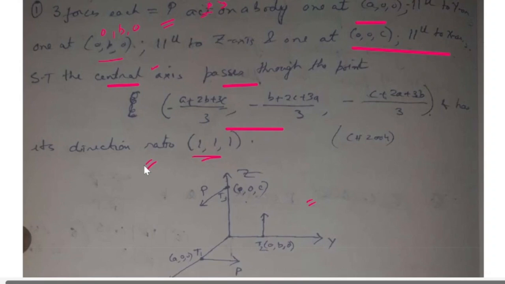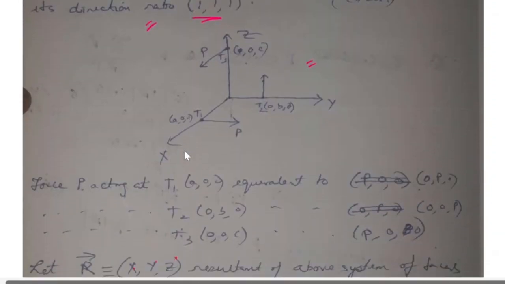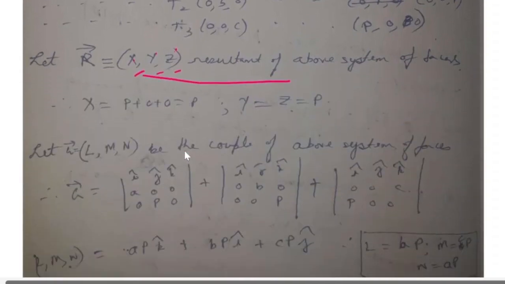As we are in search of the central axis, we apply the formula for the equation of the line of the central axis, and that formula demands X, Y, Z, the resultant components along the x-axis, y-axis, z-axis, and also the moments of the couple along the x-axis, y-axis and z-axis, that is L, M, N. So we will next find L, M, N.